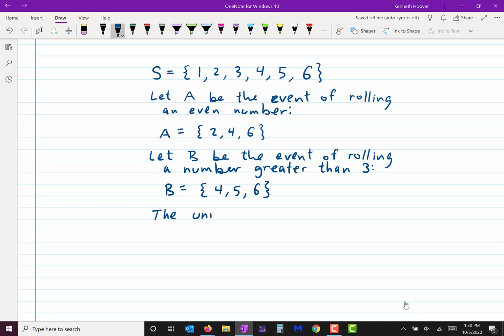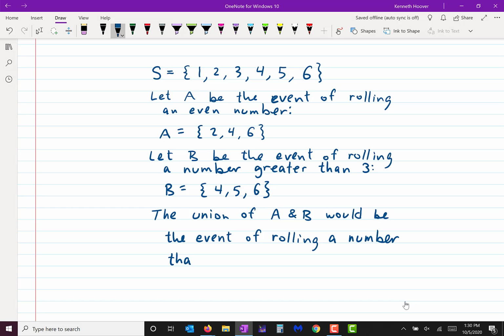The union of A and B would be the event of rolling a number that is even or is greater than 3.